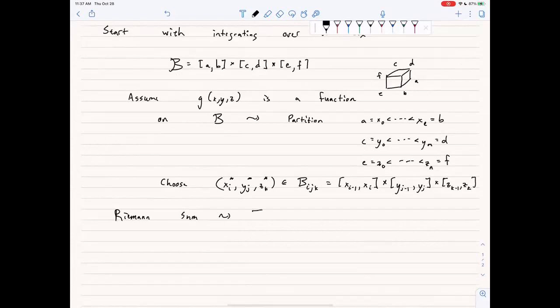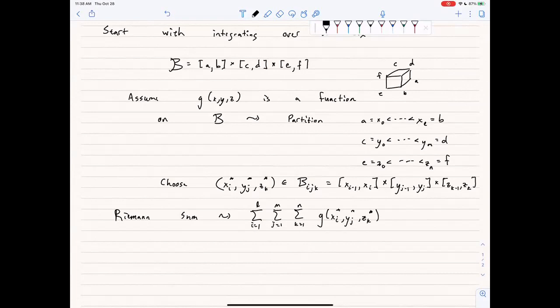This is just going to be the big nightmare, i equaling 1 to L, j equaling 1 to N, k equaling 1 to N. I put each of my sample points into G. That gives me a random choice of density inside of this tiny box.